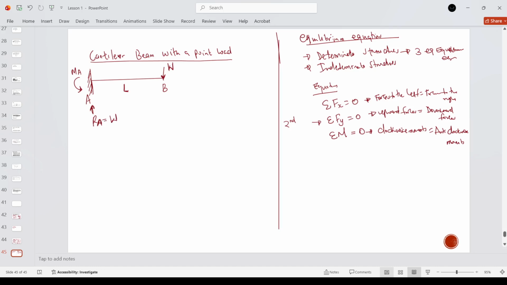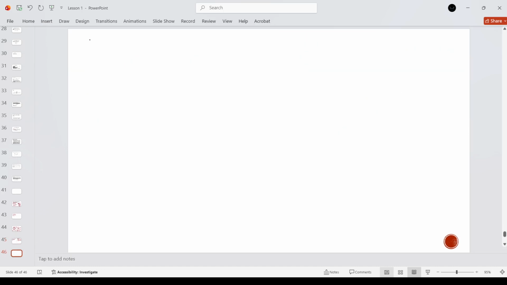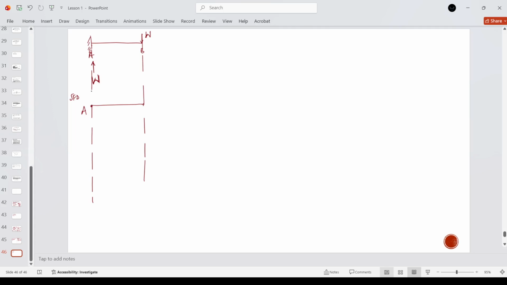So if we draw our free body diagram, we will have AB and W. The reaction at A will be W. If we draw the shear force diagram, then it means that at A it is going to increase suddenly by the magnitude of W, maintain or become constant, and then decrease still with the magnitude W. This will be positive.